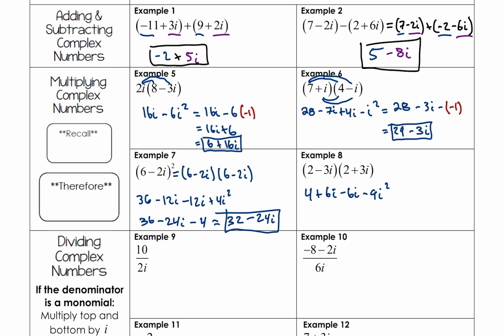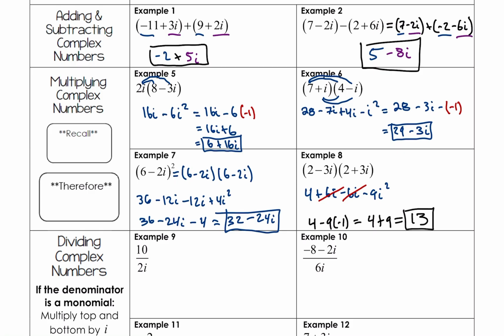Now, this 6i and negative 6i are going to cancel each other out. And so I'm going to end up with 4 minus 9 times negative 1, which is just 4 plus 9, which will result in 13.